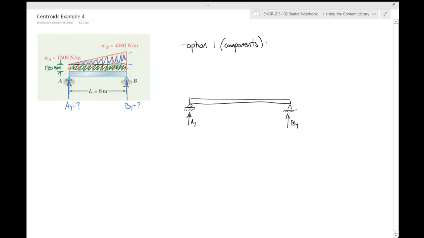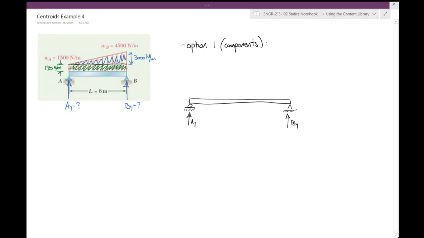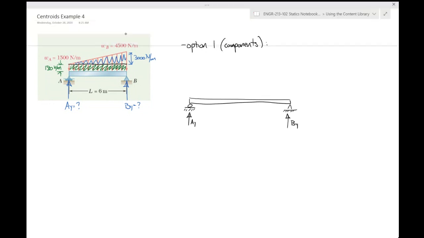And so let's see, if you're paying attention, what would be the height of this region here? 3,000, exactly right. So this is 3,000 newtons per meter. Okay, and so here's what I'm going to do. All right, let's start off with the rectangular load.